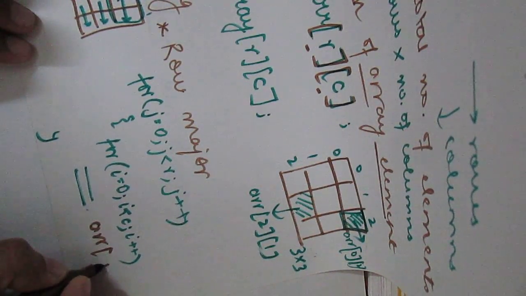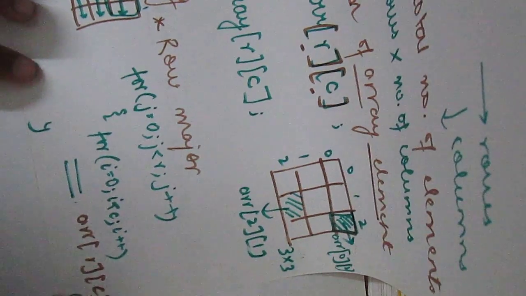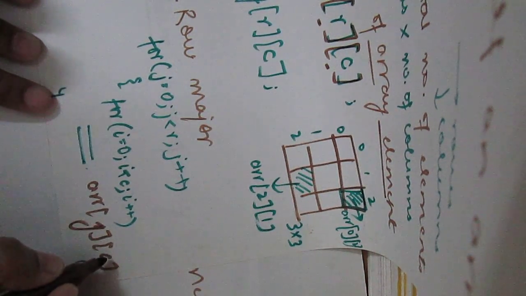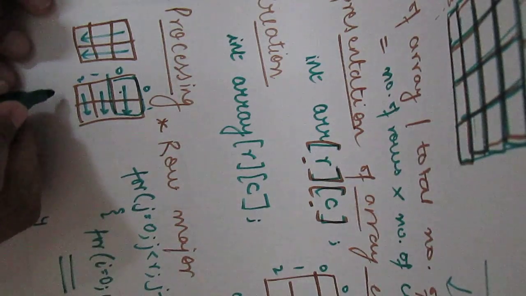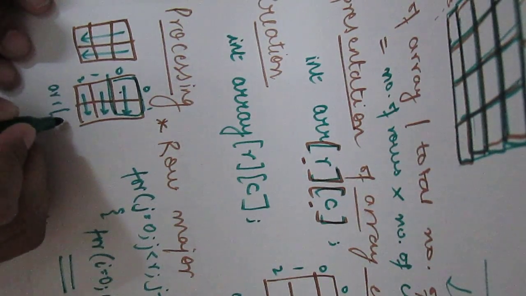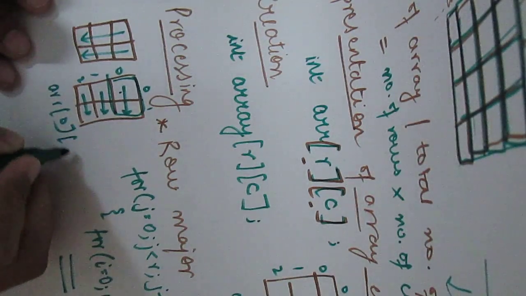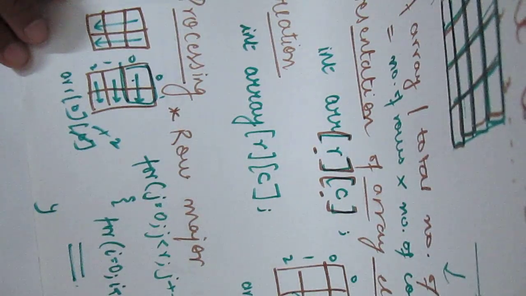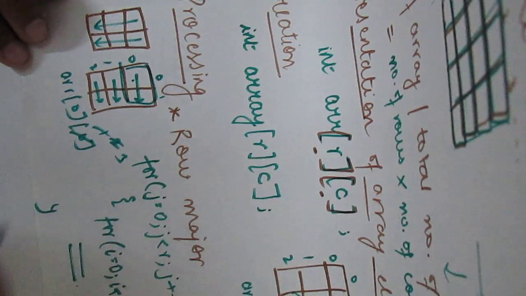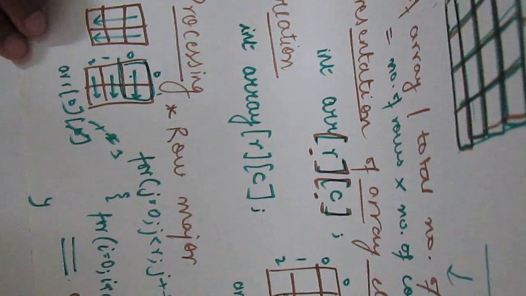If the array element is arr of j and I, then j is constant at 0, and we are accessing arr of 0, and then initially I was 0 and now I is 1, then I is 2, and so on, depending on how many columns there are.